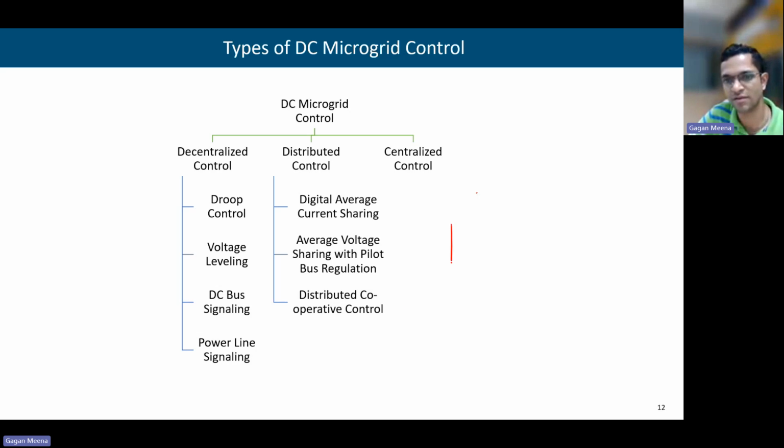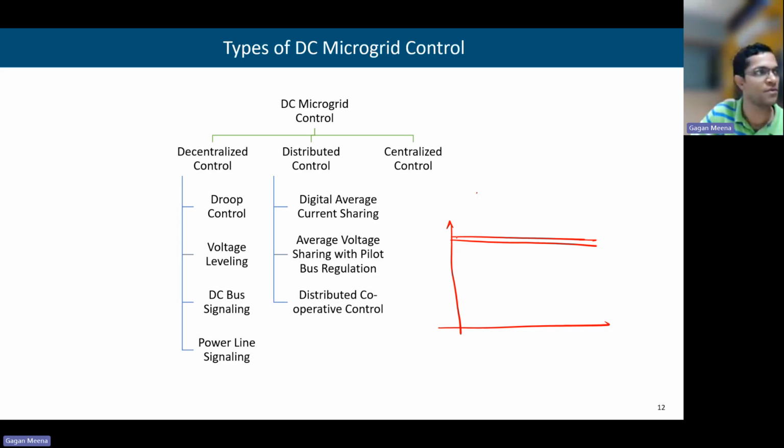Let's say these are the two grids with droop. It's a very small droop. So for small droop, the difference in current is so large.